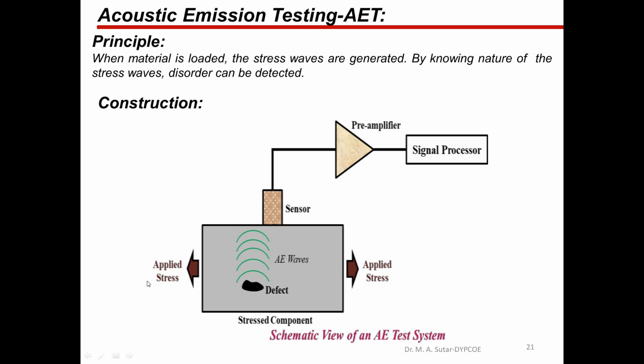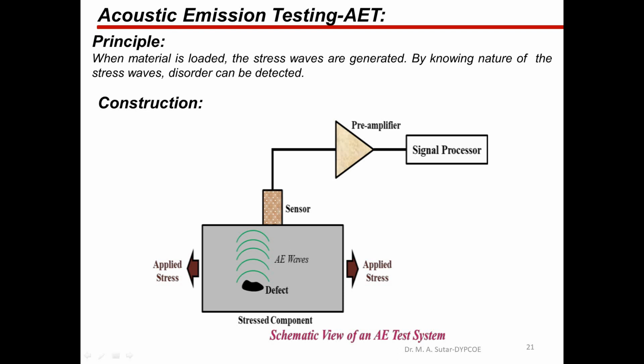Again, this is nothing but a schematic of this AET. This is the test component. It is loaded from these two sides, or the stress is applied on these two sides, so that there will be a displacement of the molecules, and that is going to produce the stress wave, and the stress wave will be captured by this particular sensor.